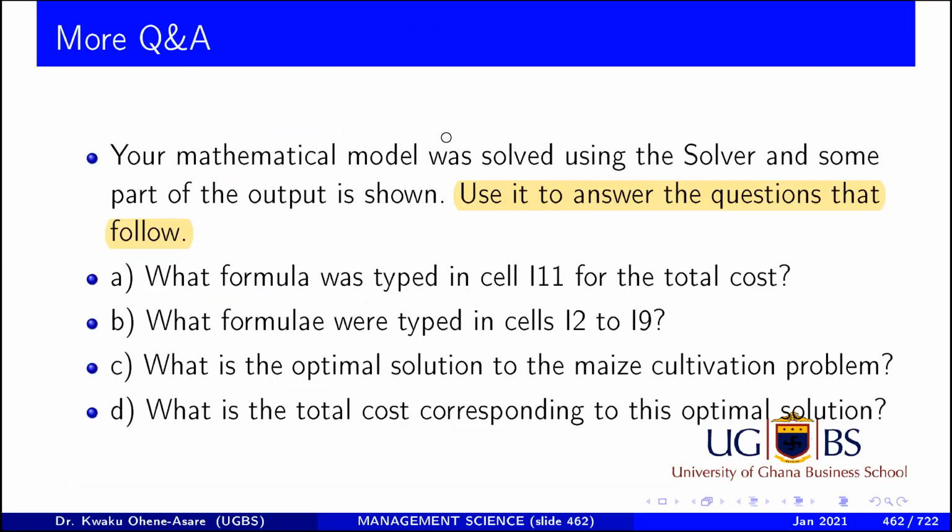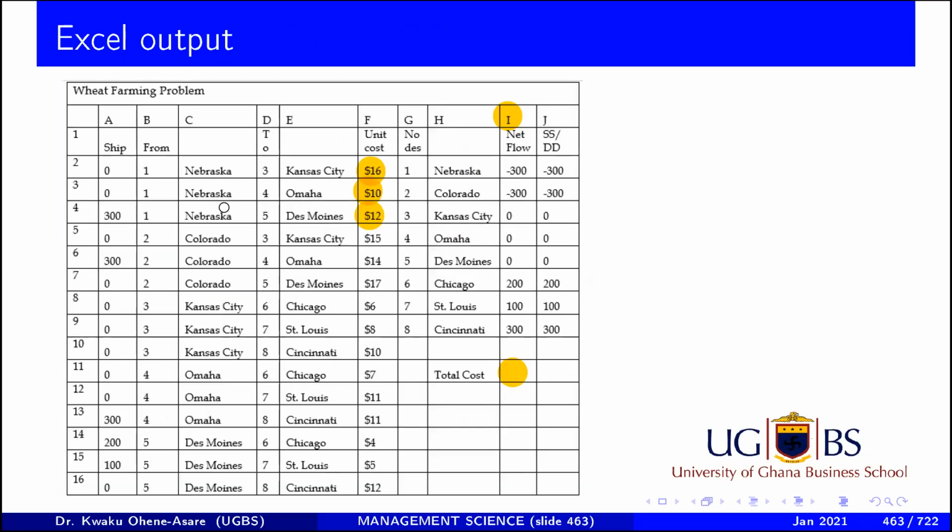Where are they in the answer? So this is a way for you to look at the answer. But look at the situation here. It says ship from, so you are shipping from here to there. You are shipping from Nebraska to Kansas City.